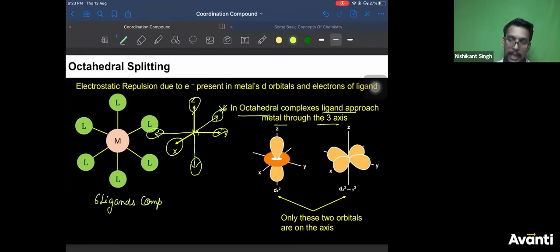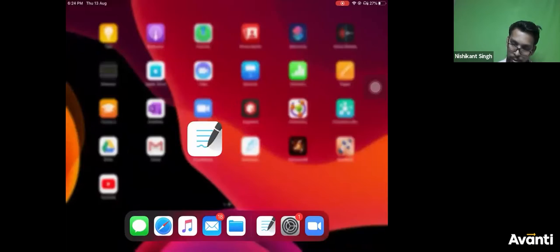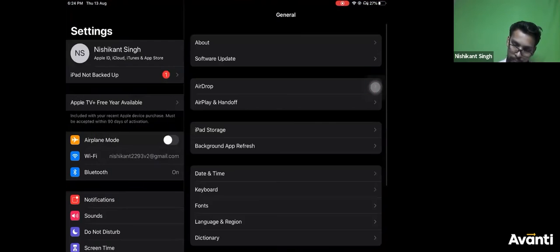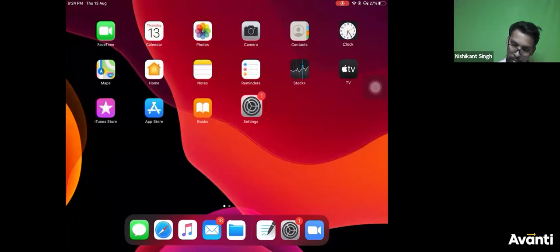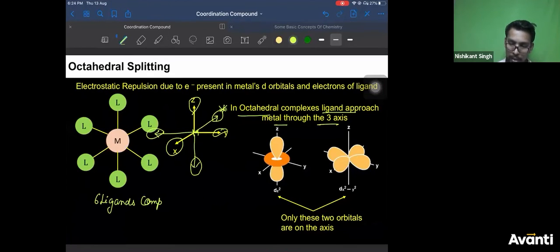So the ligands are coming along the axis.